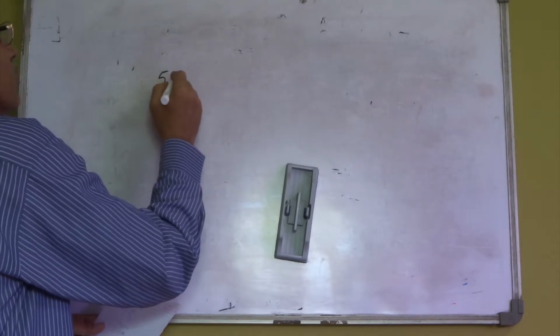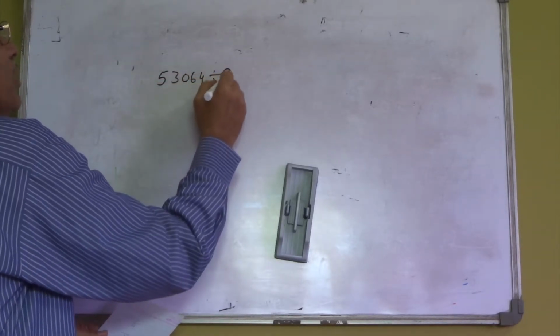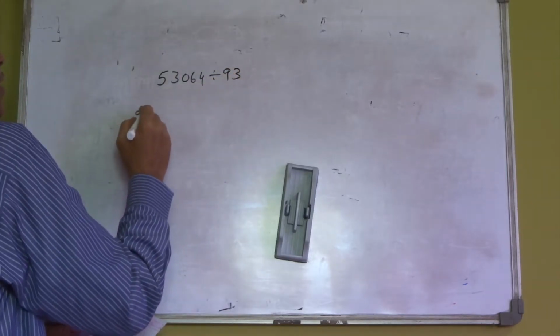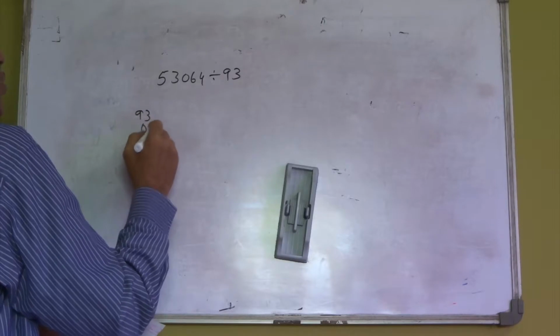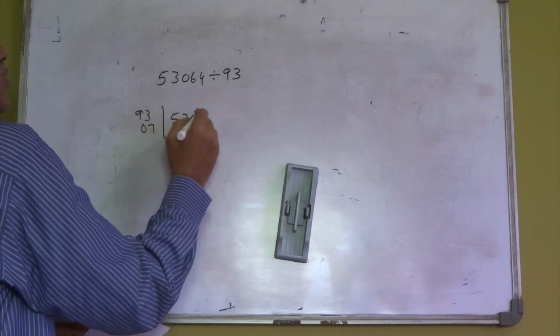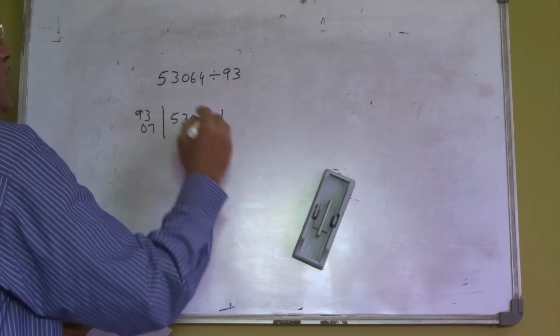Next, 53,064 divided by 93. We'll write it as 53,064 with 07 as the complement, two digits.